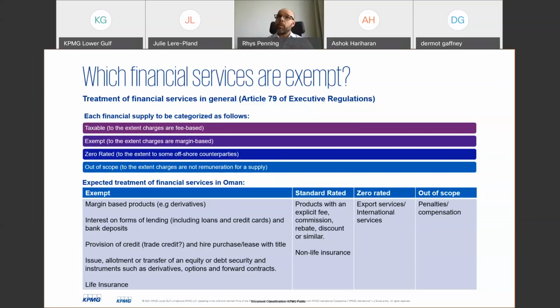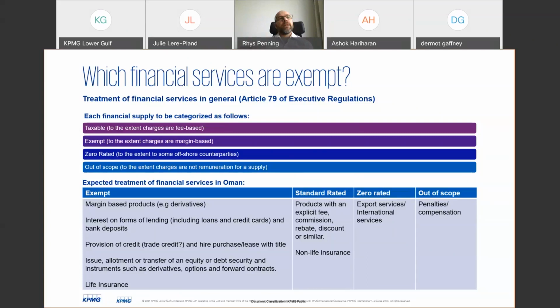What is really important, though, is that it's not a blanket exemption, because Article 79 goes on to say that each of those things is exempt unless it is remunerated by way of, or the payment of the consideration is by way of, a fee, commission, or a commercial discount. So if you have an express fee or commission for what would otherwise be an exempt financial supply, it stops being exempt and starts being standard rated.